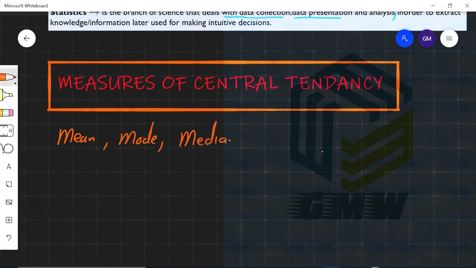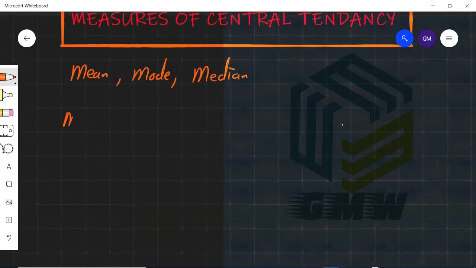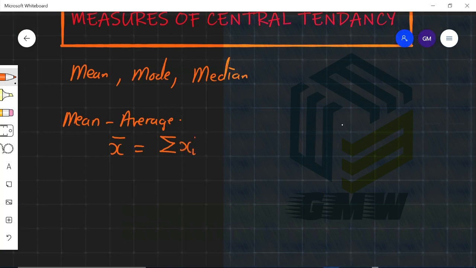The mean is your average, and your average has a notation, x bar. The formula is the sum of xi from i equals 1 up to n, over n.